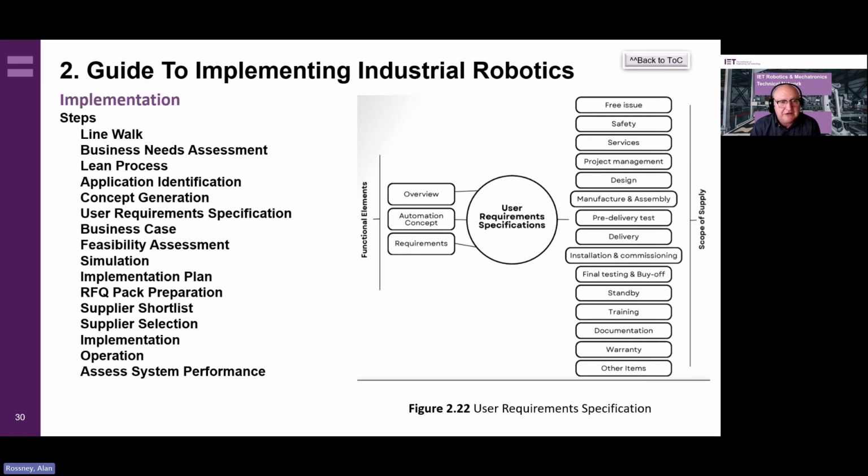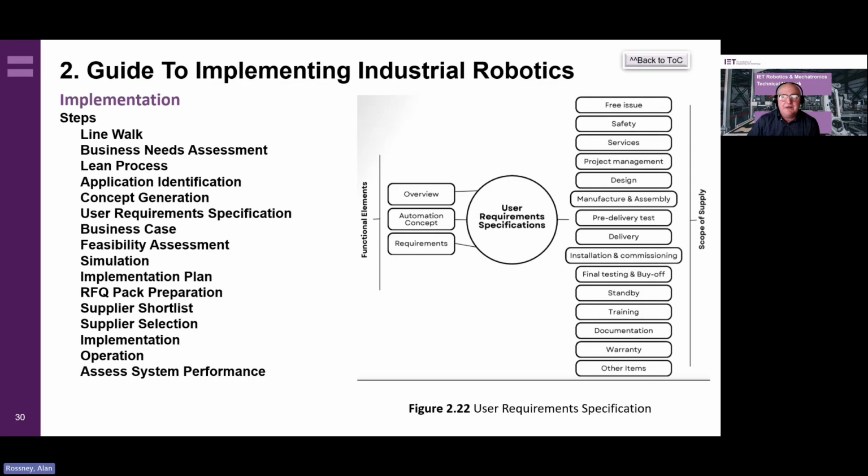Once that technical assessment and commercial assessment has been done as part of the quotation, then the supplier is selected, making sure that they're the right supplier for the solution based on their technical abilities and also on the commercial suitability.